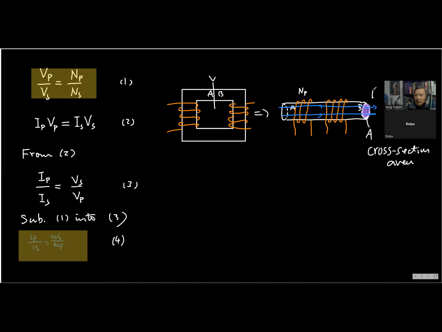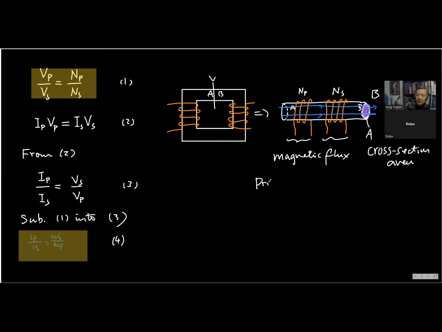Now, if I ask you to work out this term of the secondary, can we just write the two flux? So that's magnetic flux. For the primary, so this is primary.